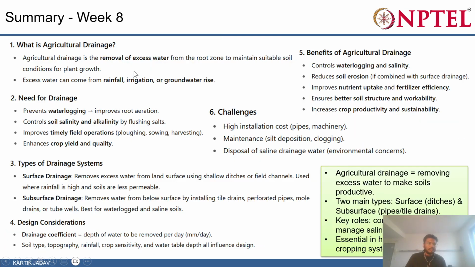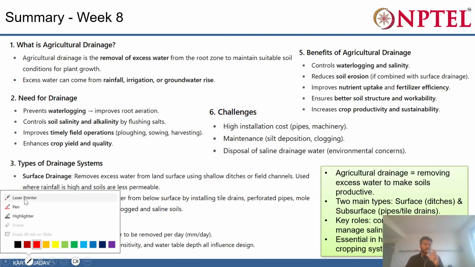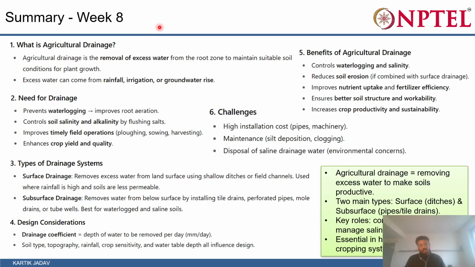And then finally we discussed agricultural drainage, right? The major problem we have right now is either too much salt in our soil or poor drainage conditions, and that impacts soil structure, water availability, and plant uptake, overall impacting crop productivity.